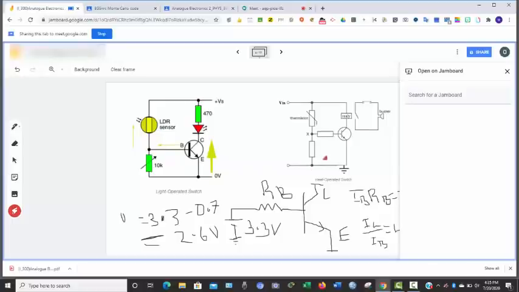A thermistor can be PTC, that is positive temperature coefficient, or NTC, negative temperature coefficient. So in this case, if I shine light on this, the resistance of this LDR will reduce, and because the resistance of this LDR is reducing, it will vary the voltage that will be available to this base.